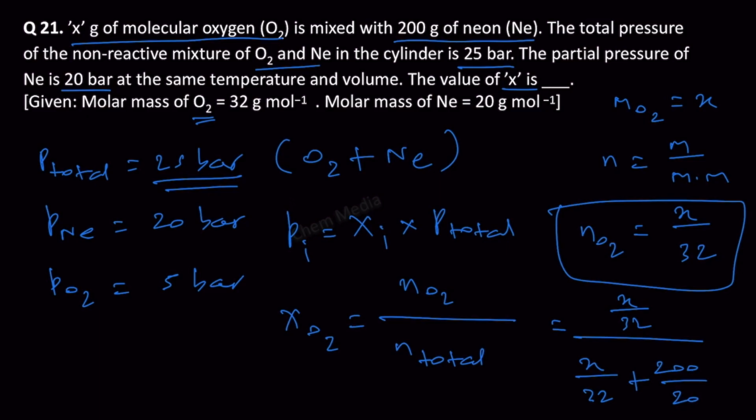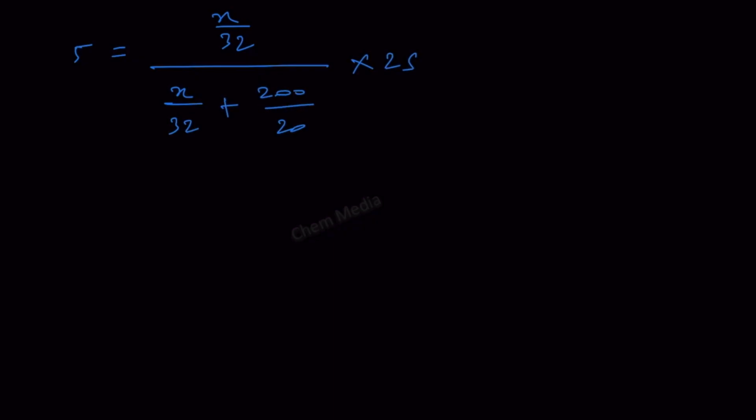So therefore, 5 equal to mole fraction of O2 times 25. So this one we have already figured out. Let's insert that. So which means 5 equal to X by 32 whole divided by X by 32 plus 200 by 20 times 25.